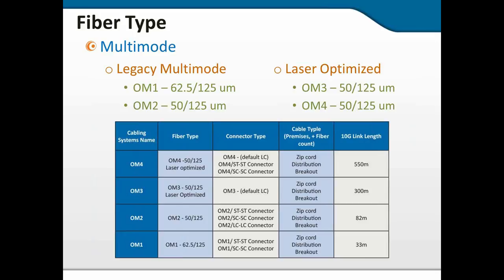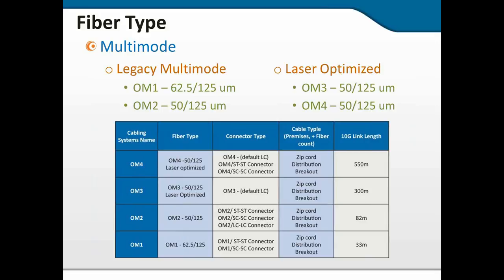Now with the laser optimized, it is a graded index which will cut down on modal dispersion, and it will give us the ability to push out to about 300 meters with a 10 gigabit link. And then OM4 will allow us to go out to 550 meters on that same 10 gigabit link.